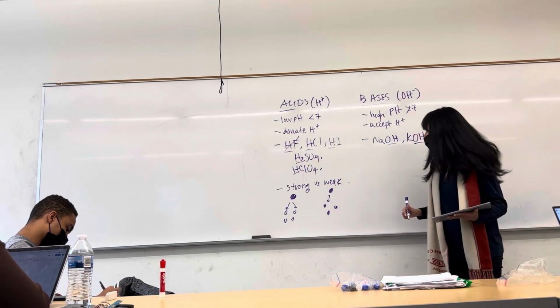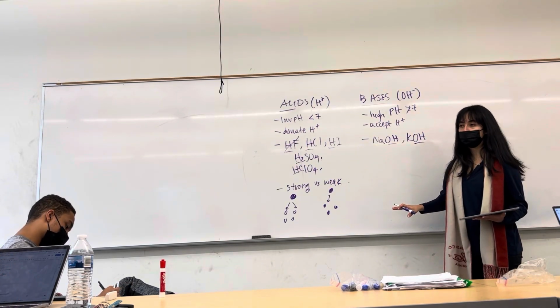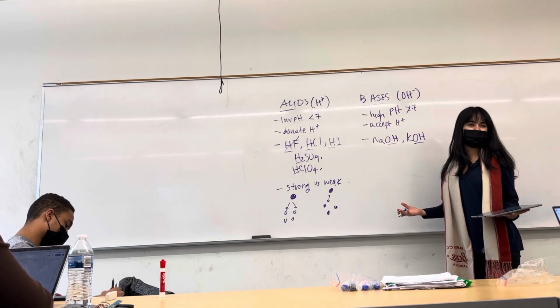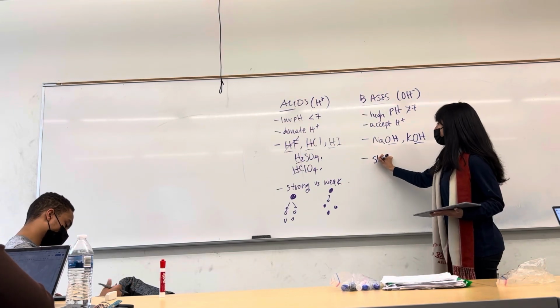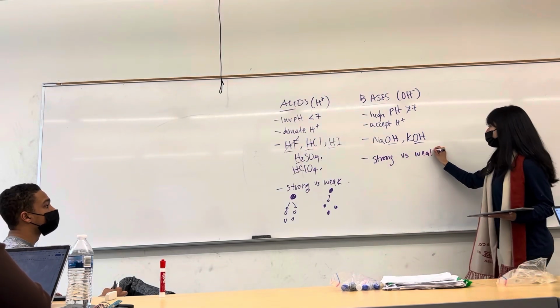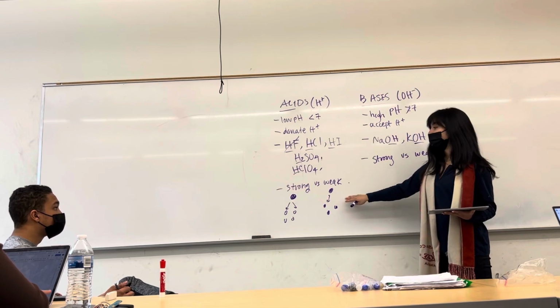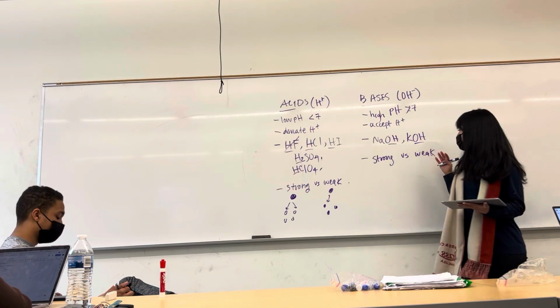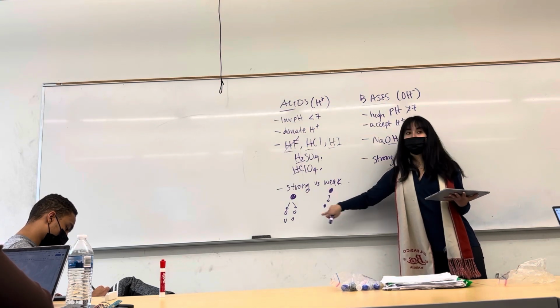Pretty simple, right? Okay, now, weak bases are a little bit harder to identify. I'm not gonna go through that because that's out of the scope of your class. But you do also have a strong base versus a weak base. What do you think that means? It's the exact same thing as this. A strong base and a weak base are very similar with their definitions.